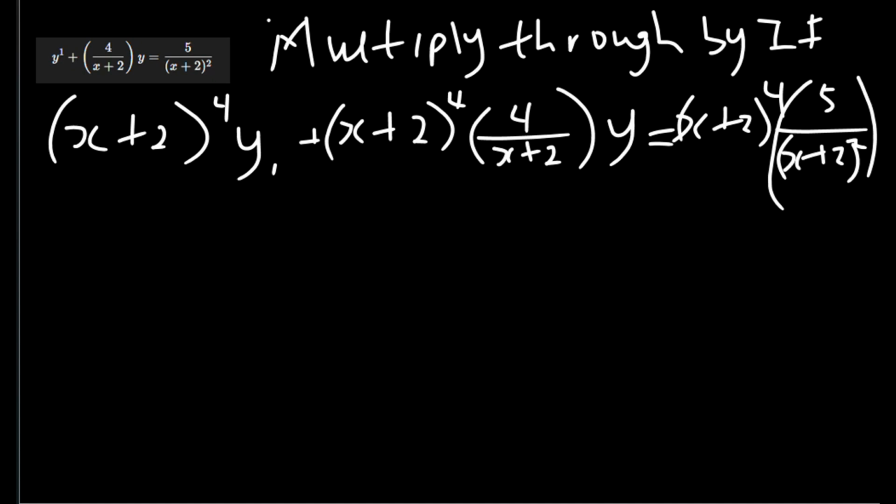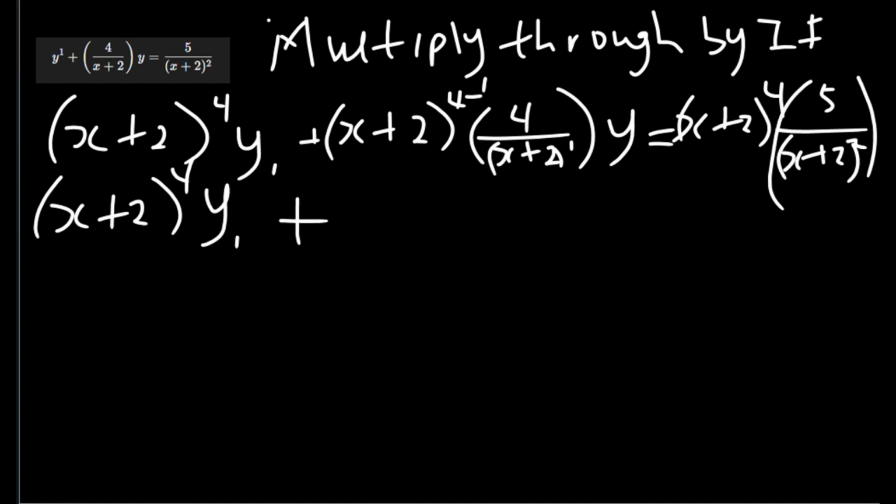We can see that x plus 2 is common between the denominator and the integrating factor. So we can rewrite this as y prime plus, on this side we can break it down. Since x plus 2 is simply x plus 2 to the power 1, we subtract that 1 from the power 4.